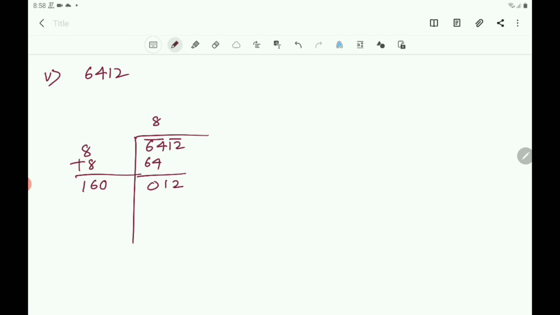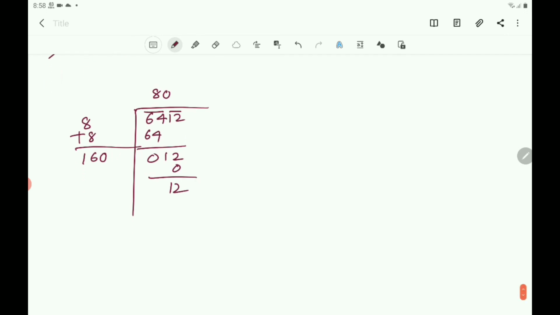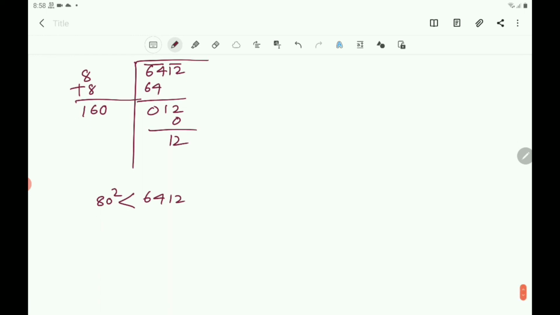So take 0 here. Then the remainder is again 12 only. Then you can say that 6412 is greater than 80 square. So 80 square is lesser than 6412. Then you take the next number, that is 81.